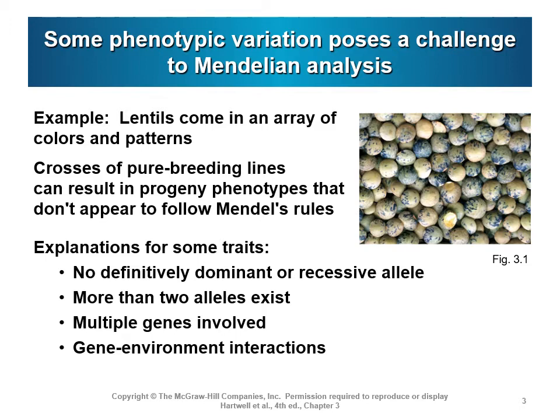For some traits, there is no definitive dominant or recessive gene. There may be more than two alleles that account for a phenotype. There may be multiple genes involved in an apparent phenotype altogether, and yet another variable may be gene-environment interactions.